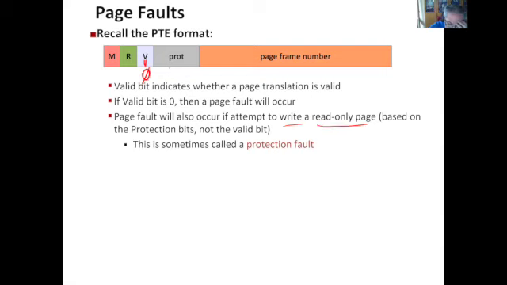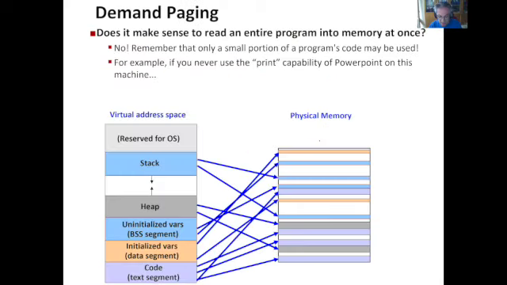So you also check the protection as well, and this is what we usually call a protection fault. And what we do is the following. In the case of a page fault, that's an indication that we should bring a particular page into the memory. So let me have a break here, and in the next hour we'll discuss how that works, which is called demand paging.